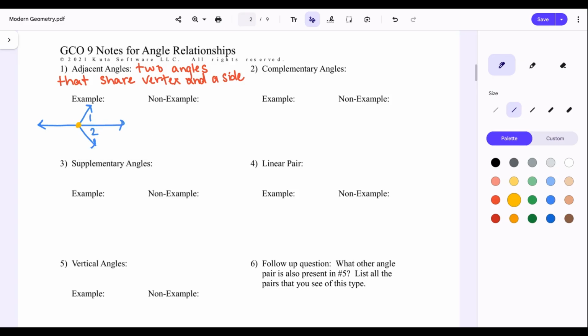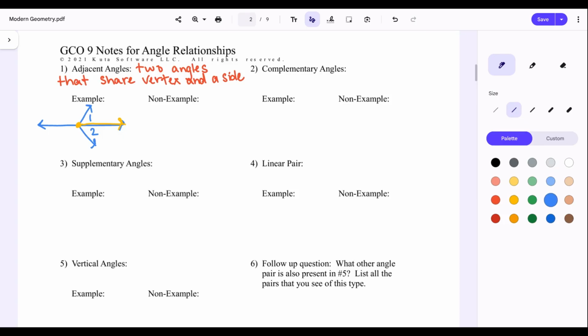That would be your vertex point. And they share this side that goes right between the two of them. So 1 and 2 would be considered adjacent to each other. They have to have those two things in common. They have to have a common vertex and they have to have that side that's separating them, because then you can see 1 and 2 would be next to each other in the picture.